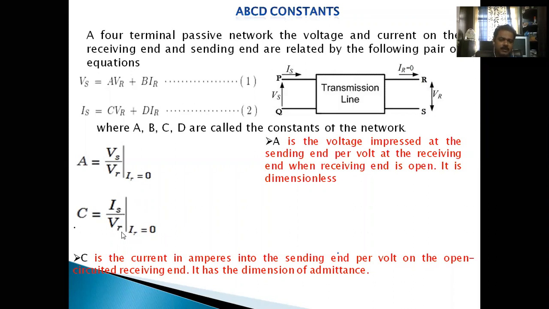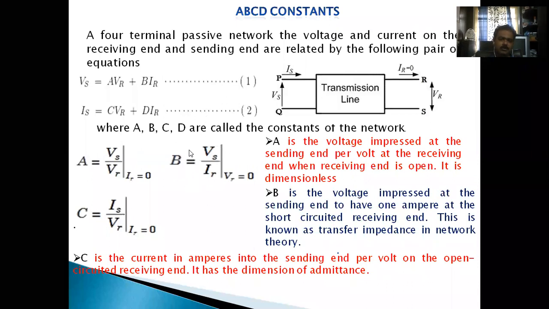The unit is mho. Here if we assume the receiving end voltage is unit voltage, then Is is equal to C when the receiving end is open circuit. So these are the names.